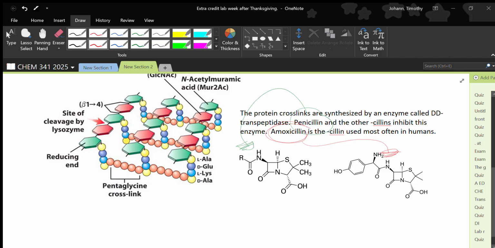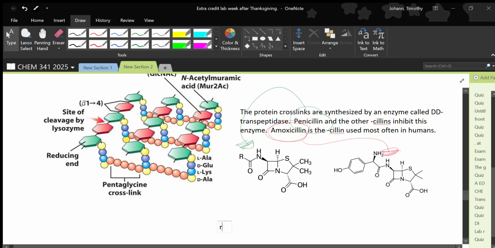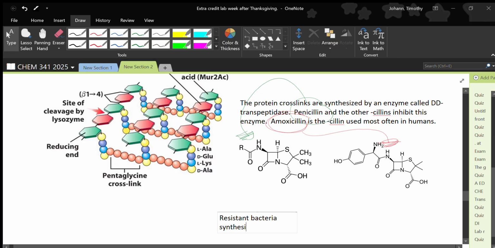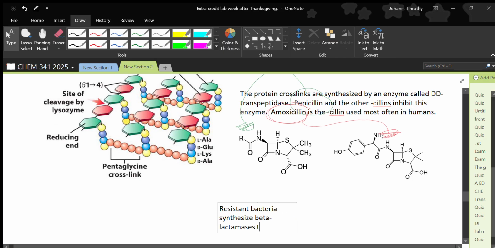Okay. So resistant bacteria synthesize beta-lactamases to break down cillins.